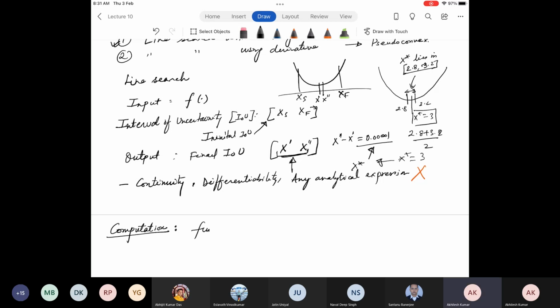Every time we do a functional evaluation, it is an expensive computation, and the more functional evaluations we do, the costlier it becomes. That's why if I can find a solution with fewer iterations, if my convergence happens in fewer iterations, that algorithm is superior to the other.